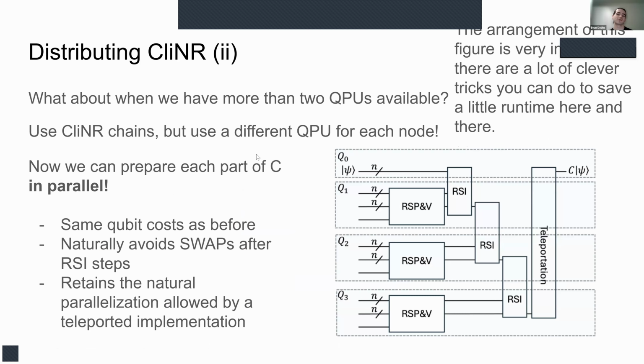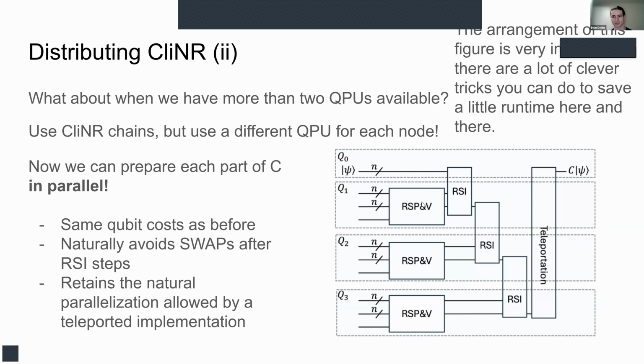So what if we have more than 2 QPUs? Well, now we can get a bit clever here. I mentioned CliNR chains before. Let's take some large Clifford circuit and break it into multiple sections, like more than just 2. So in this case, C is being split into 3 separate components.